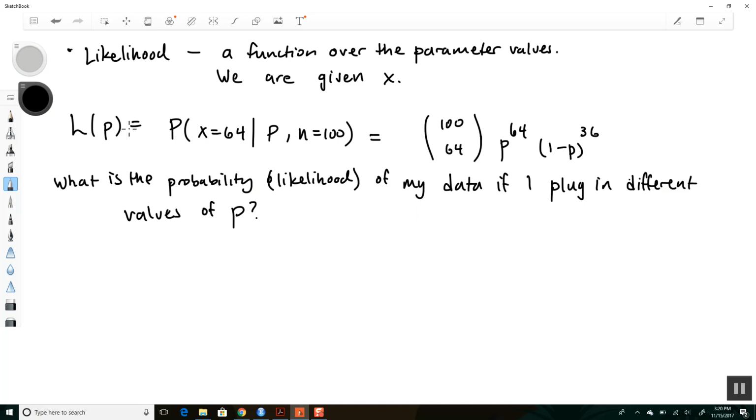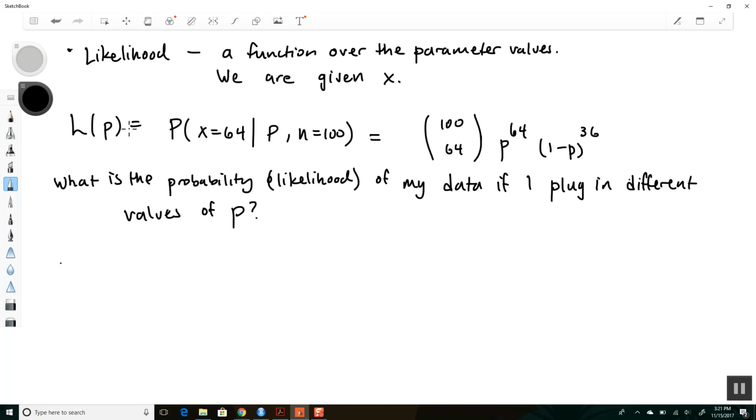So the probability mass function was, what's the probability I get this outcome if I'm given these parameters, n is 100 and p is 0.7. Now we're asking, if I have this outcome, how will my probability change if I alter this variable p? That's what we want. So it's similar, but it's different.